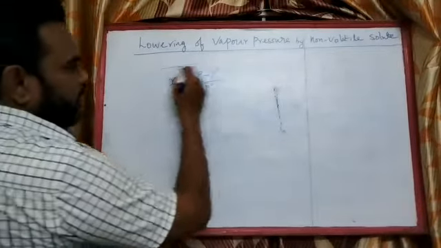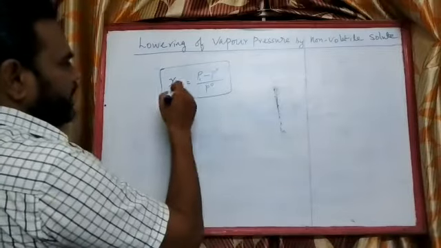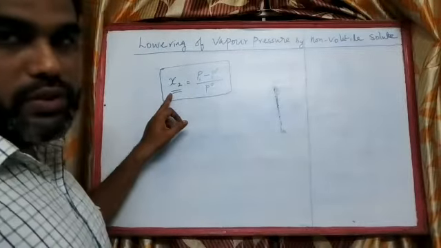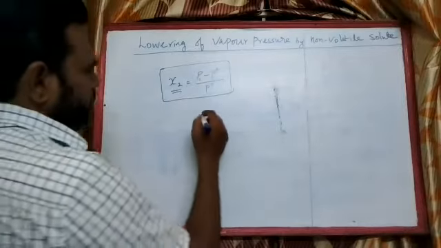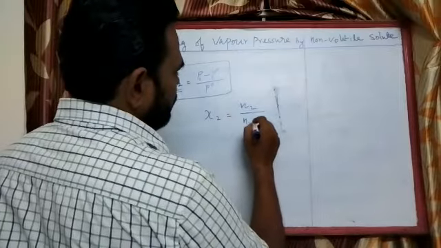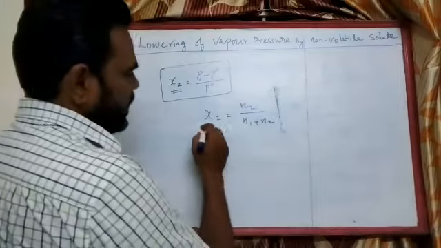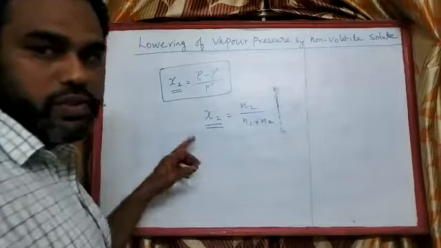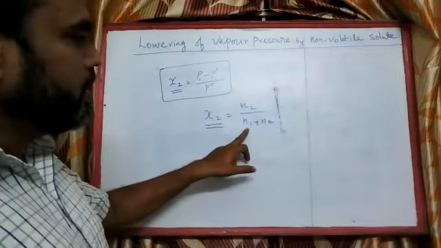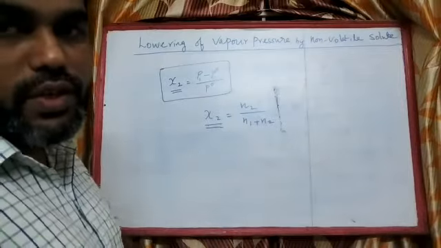So the relative lowering of vapor pressure is directly proportional to the number of moles of solute. Now let us take this, what is x2? x2 is equal to n2 by n1 plus n2. x2 is the mole fraction of solute, which is equal to the number of moles of solute divided by the total number of moles of solvent plus solute.